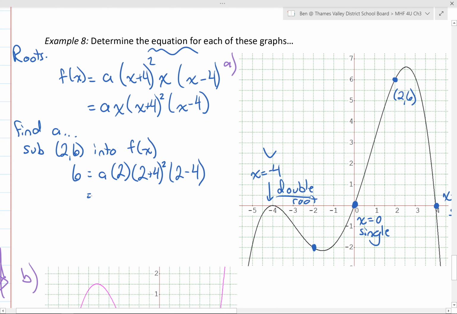You should be able to handle something like this. That is 6 equals a times 2 times (2 plus 4) squared, so that's 6 squared, times (2 minus 4), so that's -2. You can simplify this how you would like. I'm going to have a little bit of fun here. I'm going to cancel those out, leaving me with a 1 here, a times 2 times 6 times -2.